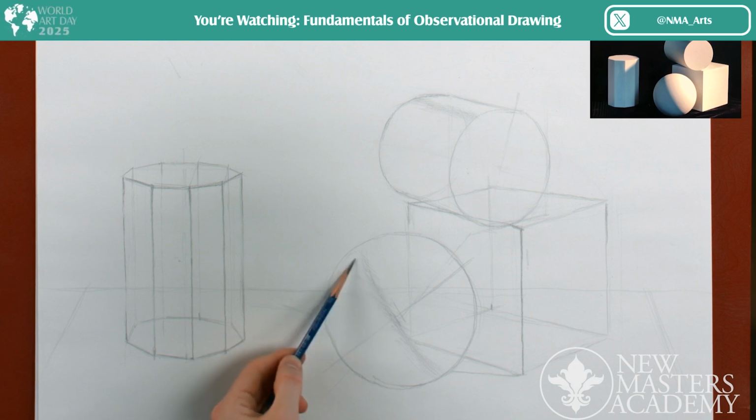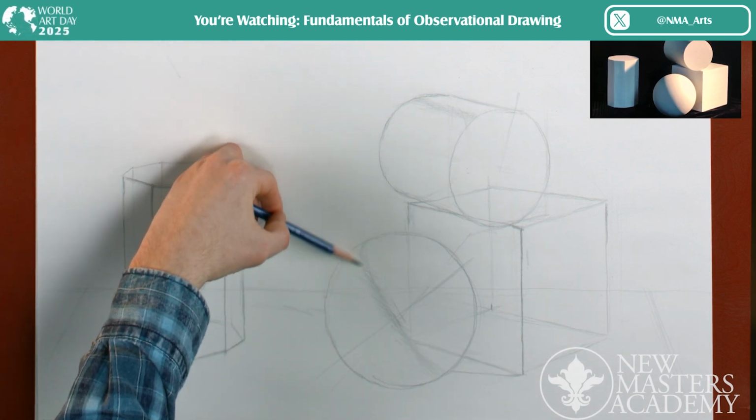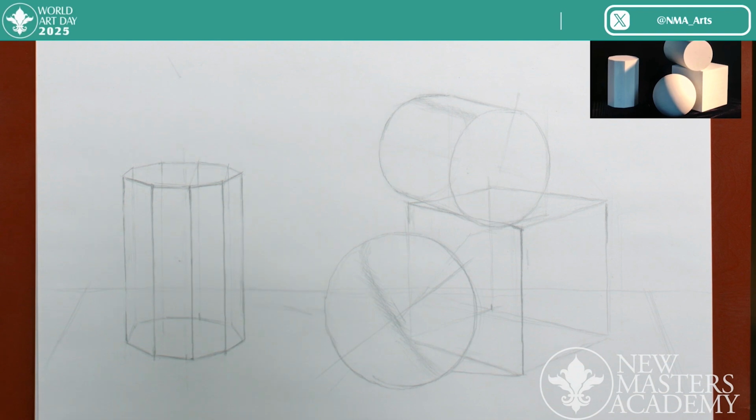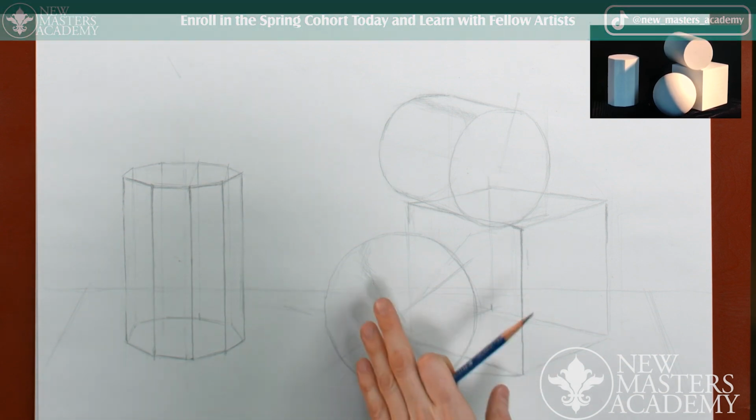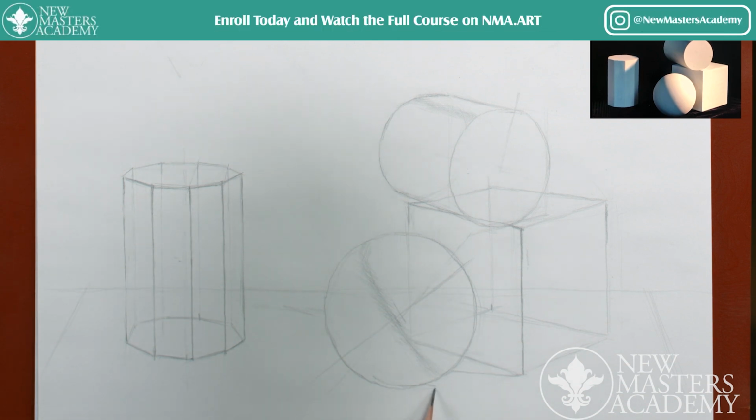And by doing so, you are anticipating the soft turn out from the terminator into our core shadow and a soft turn out into our dark halftones. And here, let's establish that cast shadow.